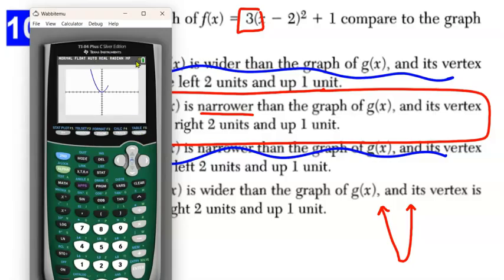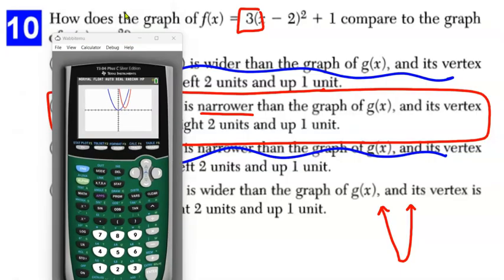So this is the parent function, and now this is the new function, which is 1 up, 2 to the right, and more narrow.